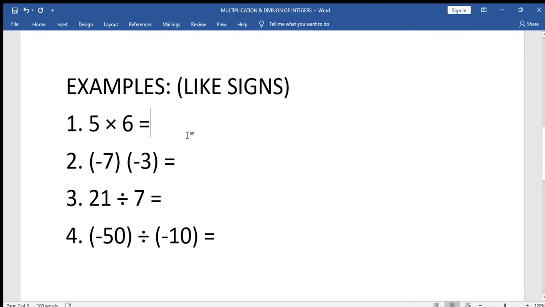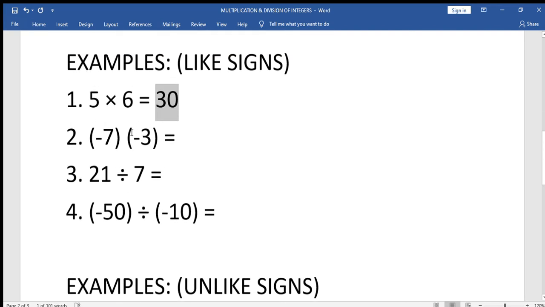This is definitely equal to positive 30. No need to write your positive sign because numbers without sign is known to be positive. So here, always take note, in this multiplication sentence, as you can see, both 5 and 6 pareho silang positive, and our product should also be positive.